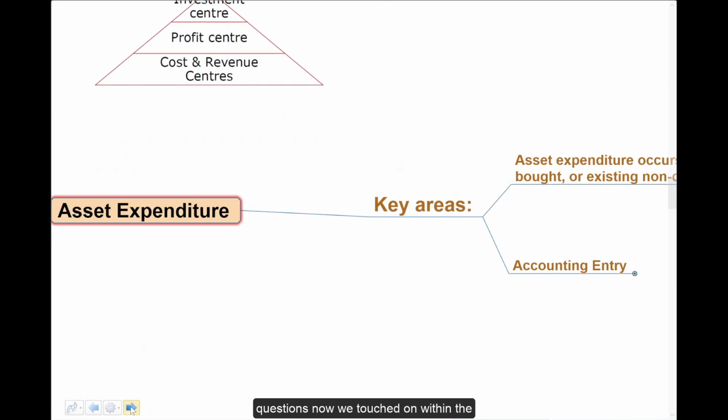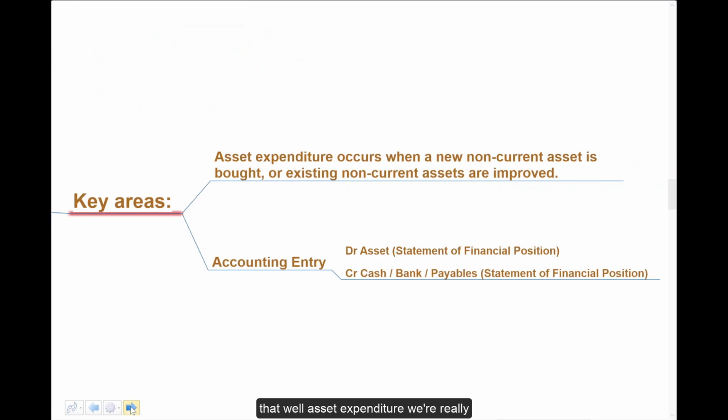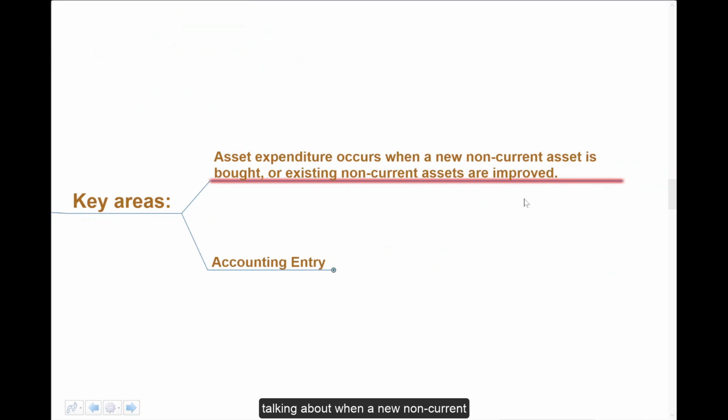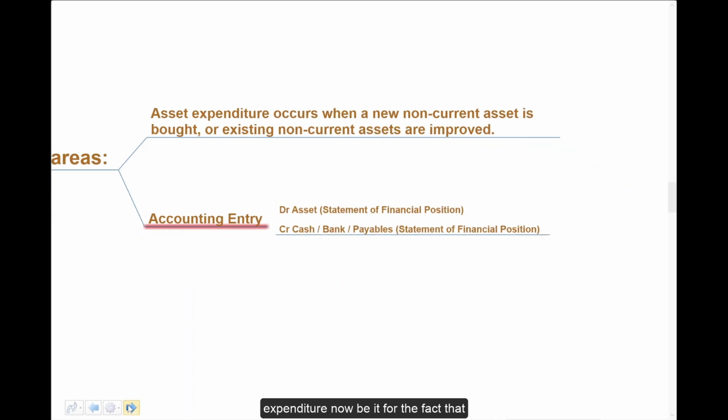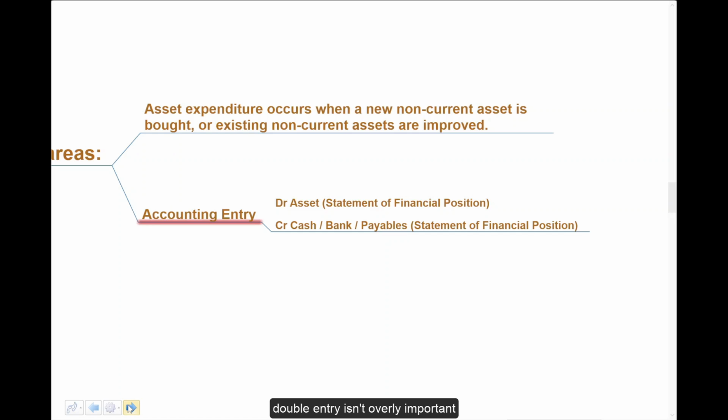Now, we touched on, within the investment center, expenditure, and indeed capital expenditure. What do we mean by that? Well, asset expenditure, we're really talking about when a new non-current asset, doesn't necessarily have to be new, is bought, or an existing non-current asset is improved in some way. So we're talking about adding to our equipment range, buying new vehicles, buying new trucks, possibly a building. That's asset expenditure. Now, albeit for the fact that double entry isn't overly important within the AMA exam, let's just be clear on the double entry.